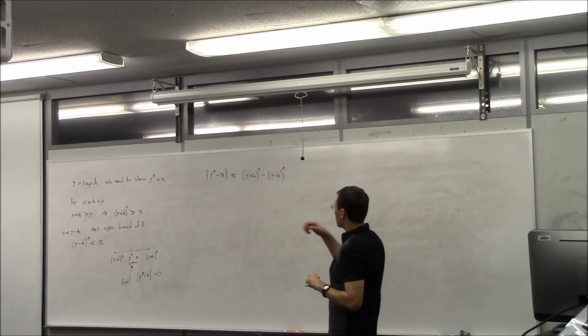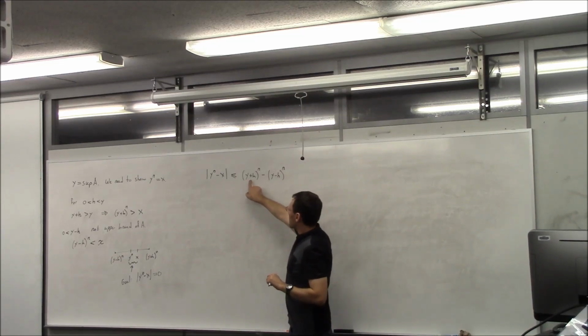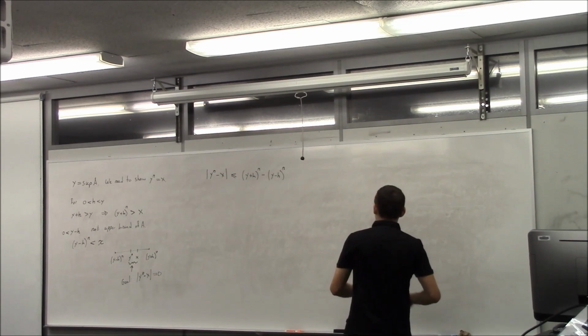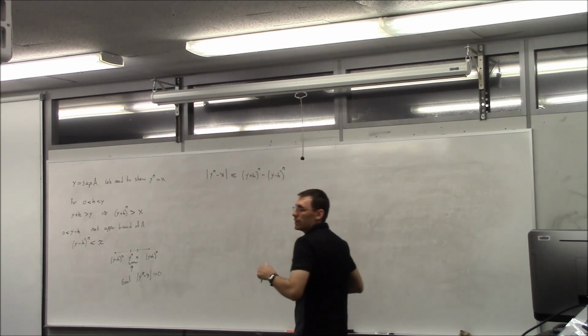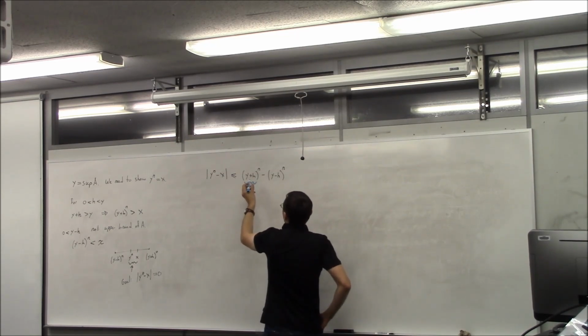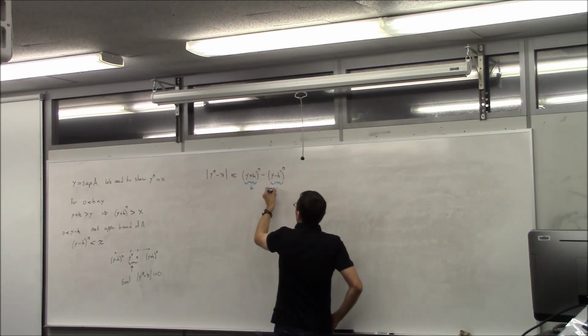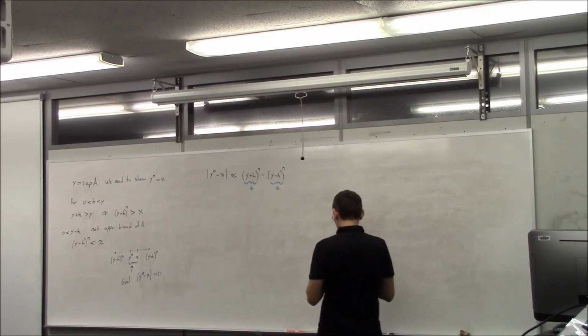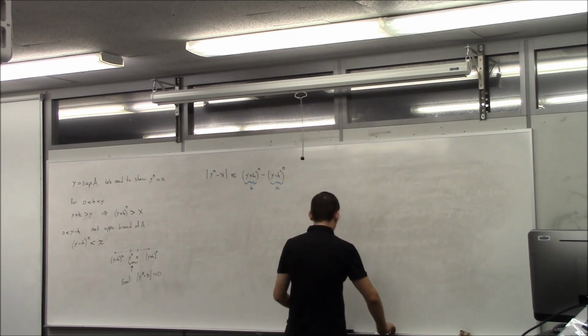Now do you remember how you factor? Those are two numbers. This is like b to the n minus a to the n. To make it simpler, let's think of this as b and this as a. And how do you factor the difference of nth powers?